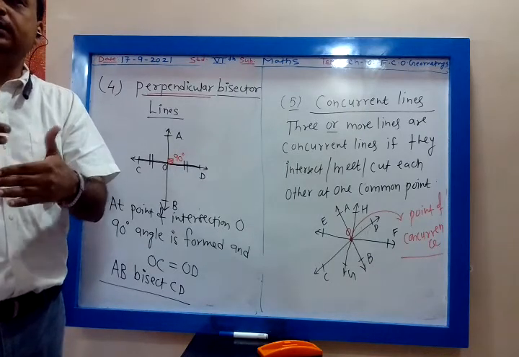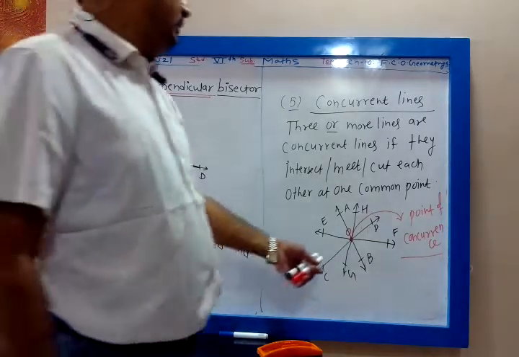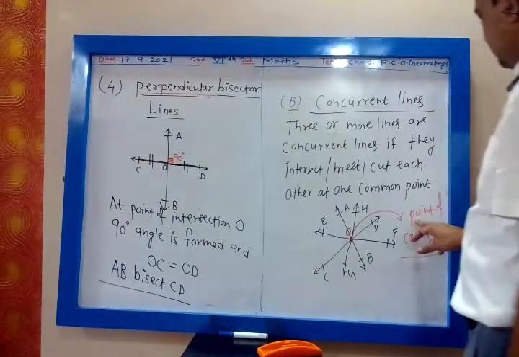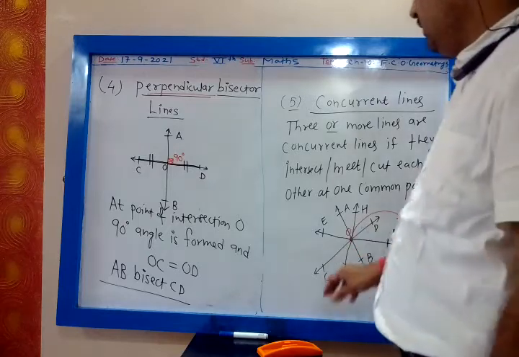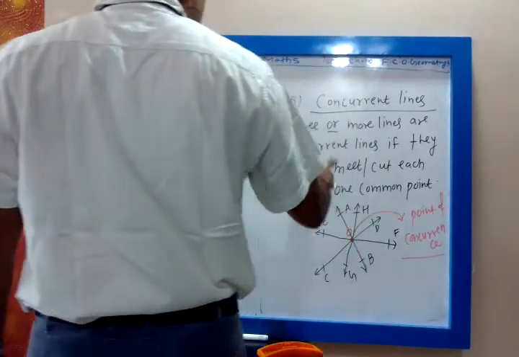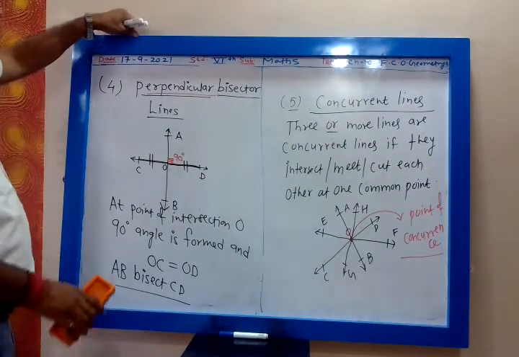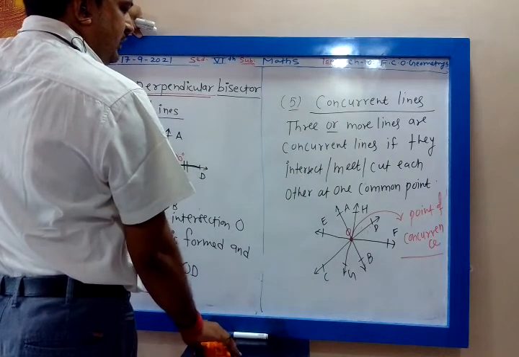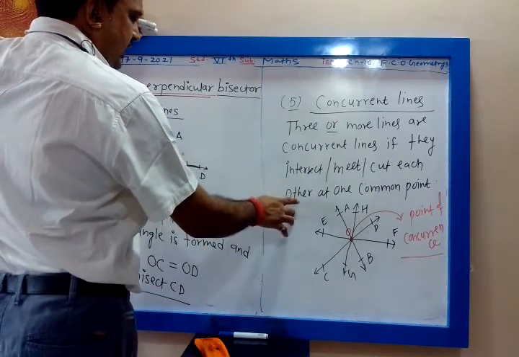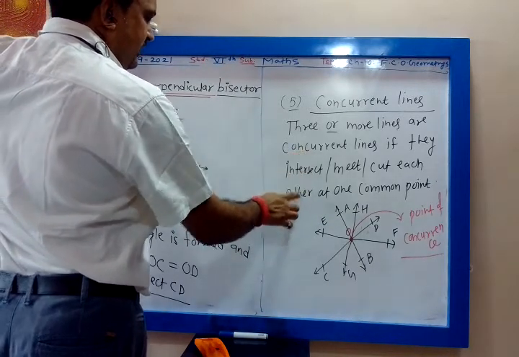If there are three or more than three lines, down I have written point of concurrence. Point of concurrence is concurrent lines. Three or more lines are concurrent lines.